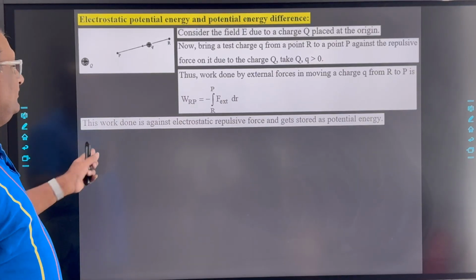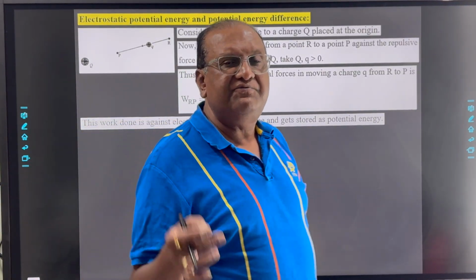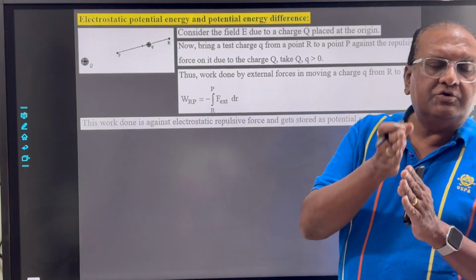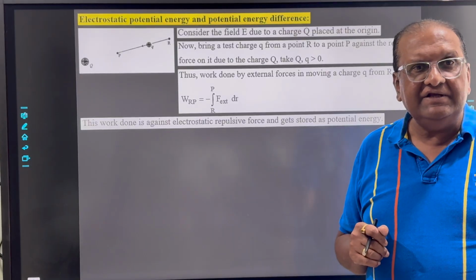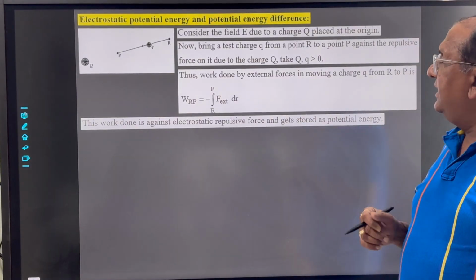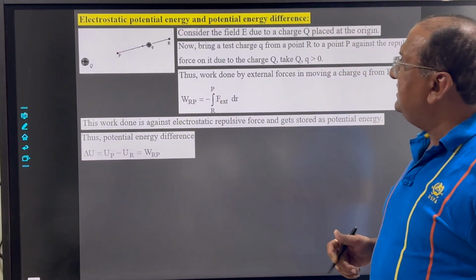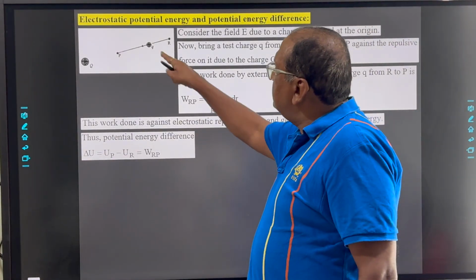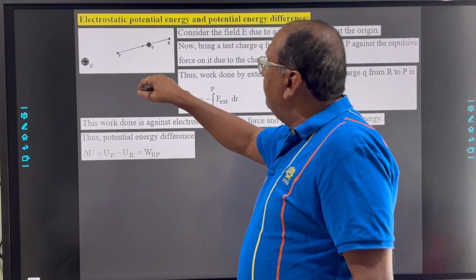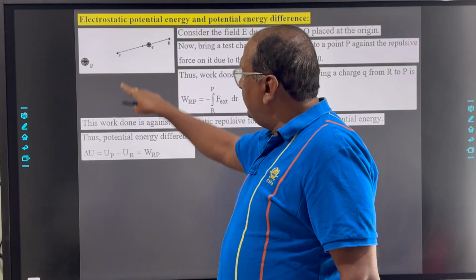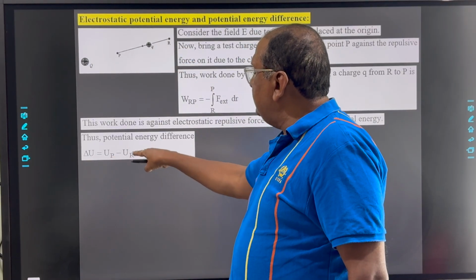Now this work done against the electrostatic repulsive force will be stored in the form of potential energy. So here we can write the potential energy difference when charge small q is moved from R to P. Then at P the potential energy is UP, at R its potential energy is UR.